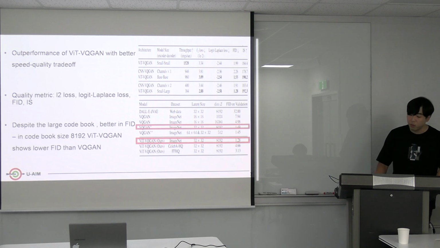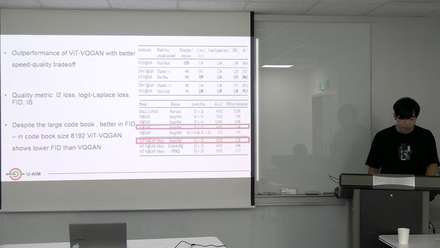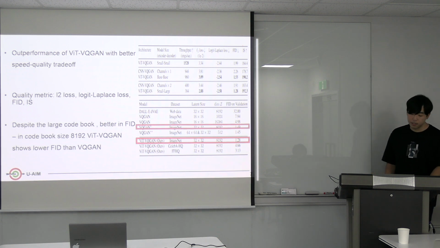loss, superiority in quality. We are dealing with L2, logit-Laplace loss, the Fréchet Inception Distance, which is FID, and Inception Score, which is IS, as quality metrics. The former two are related to reconstruction quality, and the latter two are related to image quality.